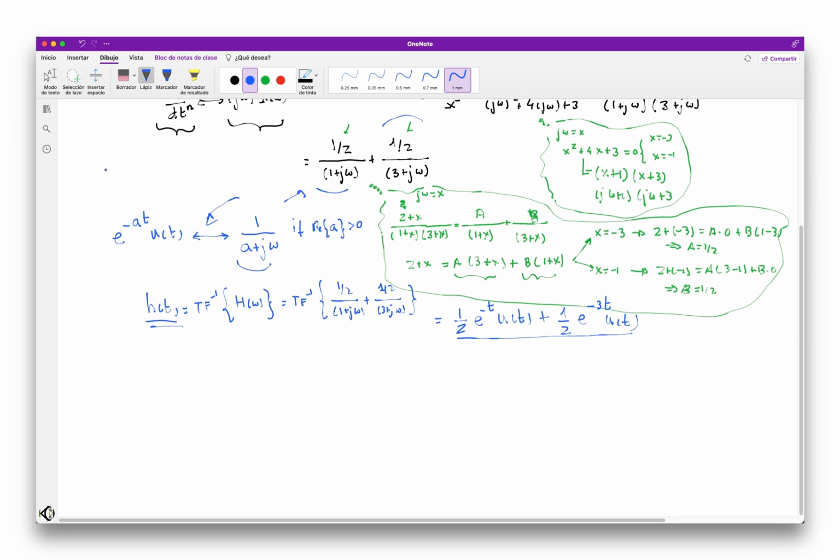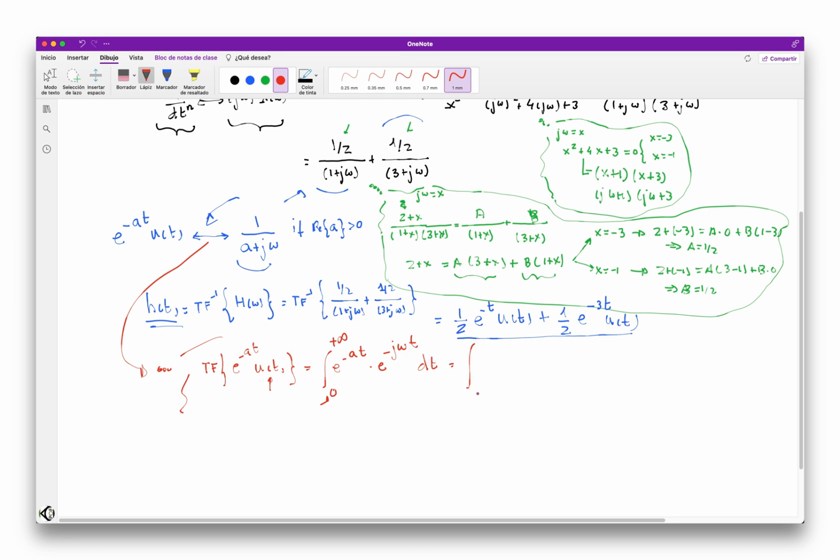I also want to make a quick reminder of how we get these Fourier transform pairs. Also very easy, we just apply the definition, the Fourier transform of e to the minus at u of t. So we apply the definition: it will be the integration between 0 and plus infinity, and we put a 0 here because we have a u of t. So here, e to the minus at times e to the minus j omega t dt.